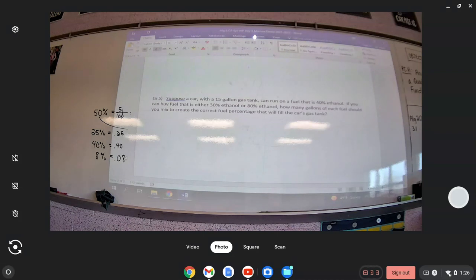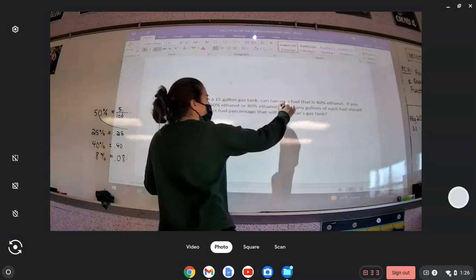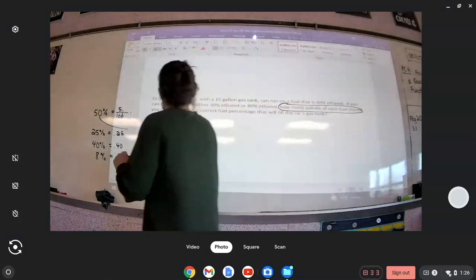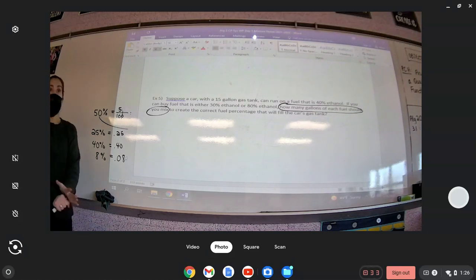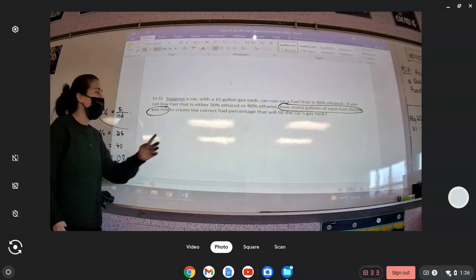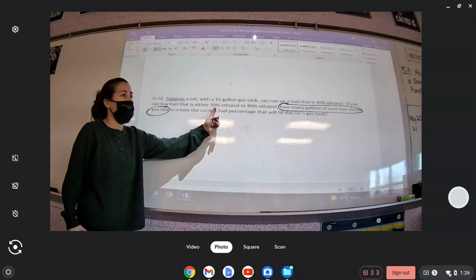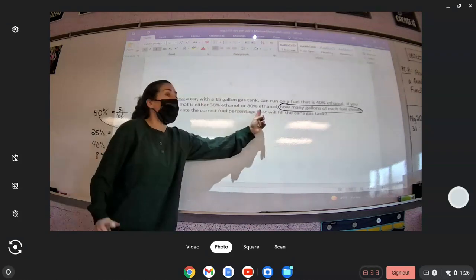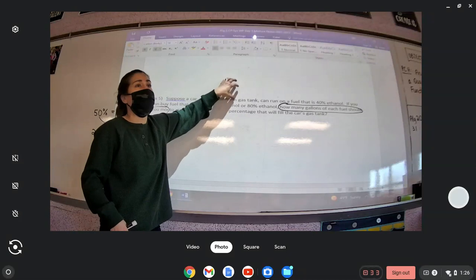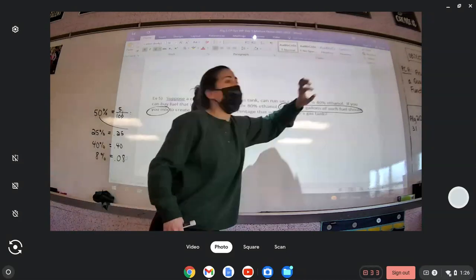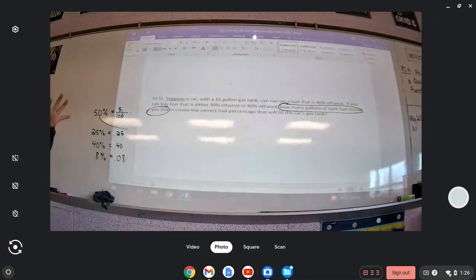What have you just been asked to find? How many gallons? How many gallons of each fuel should you mix? Well, guys, how many fuels are you mixing? 2. Always 2. One of them is what percent ethanol? And the other one is, you're going to mix them together to fill this tank that is 15 gallons big, and you want 40% of it to be ethanol. That's in the end.